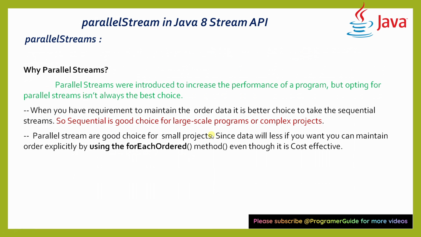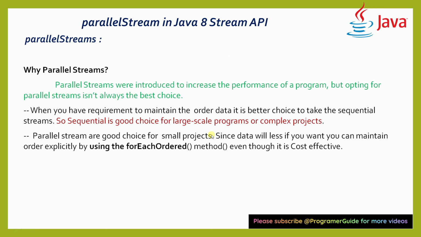Before going into how we create them, we will discuss why parallel streams were introduced. Parallel streams are introduced to increase the performance of the program, but opting for a parallel stream is not always the best choice. When you are working with large-scale or complex projects, sequential streams are a good choice, because the data is ordered without any cost effects.